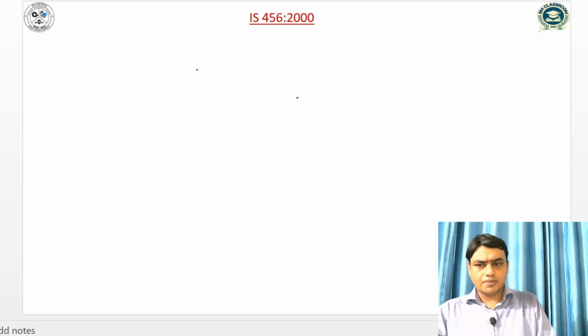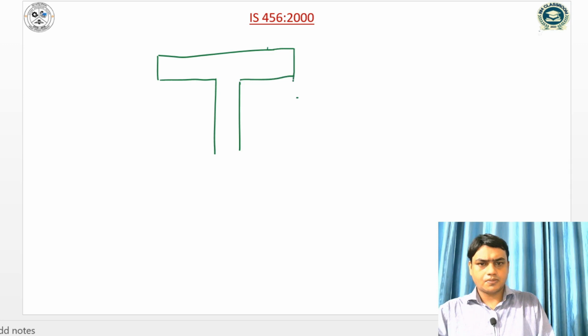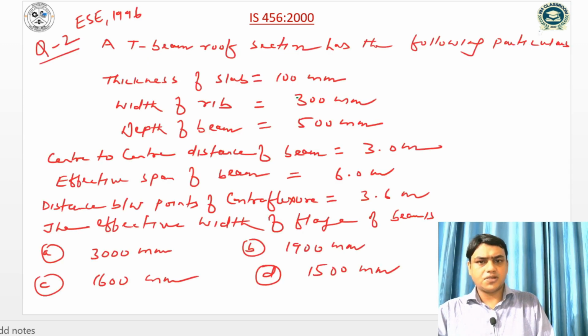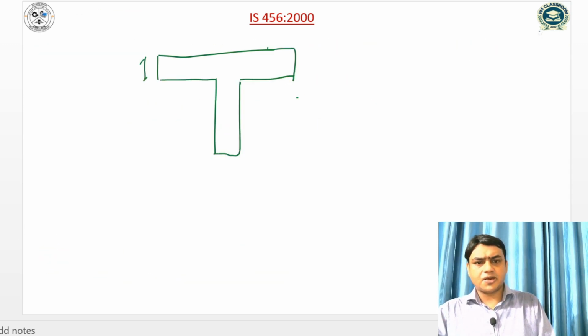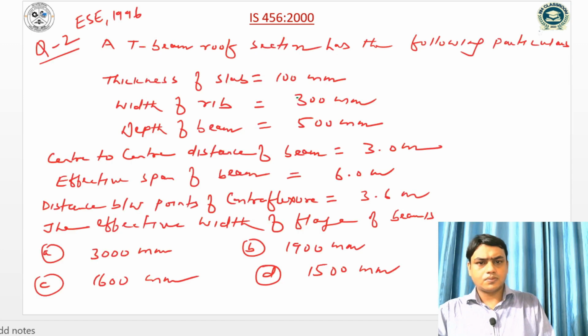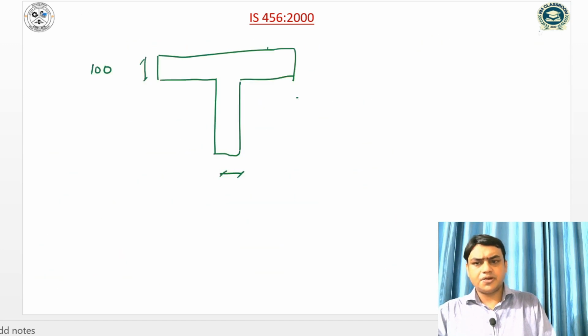So if I make the T-beam, the thickness of slab is 100 mm, so this value is 100, and width of rib is 300, so this is 300 mm.